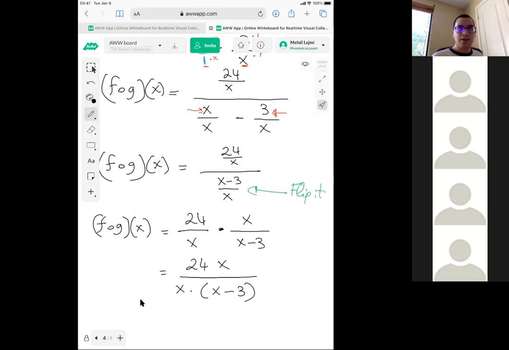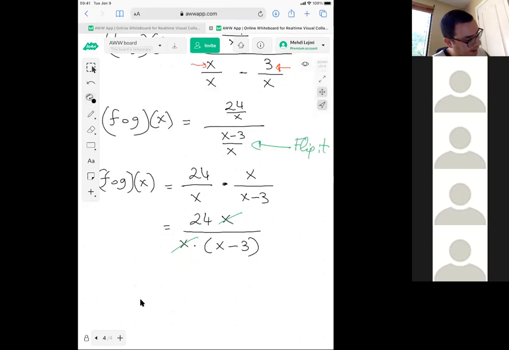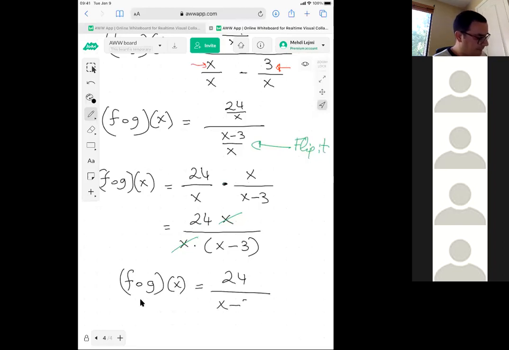So here you can simplify. There's an x in the top, there's an x in the bottom, so they cancel out. And so f composed with g would be 24 over x minus 3, right? So that's the final answer.